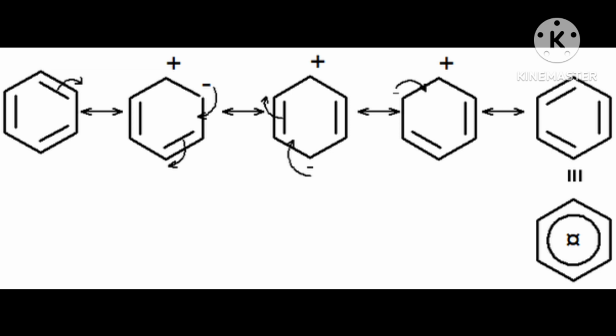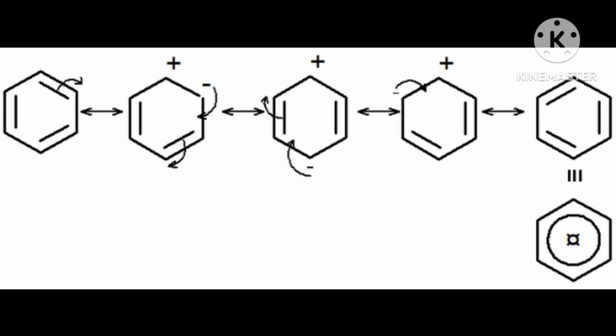Therefore, the presence of delocalized pi electrons in benzene makes it more stable than the hypothetical cyclohexatriene. Cyclohexa, tri means three double bonds. It is more stable than the hypothetical cyclohexatriene.